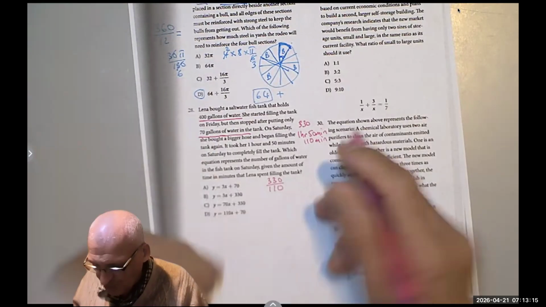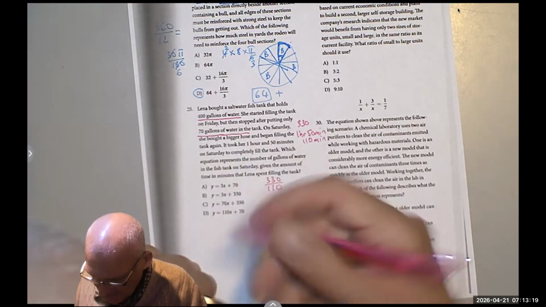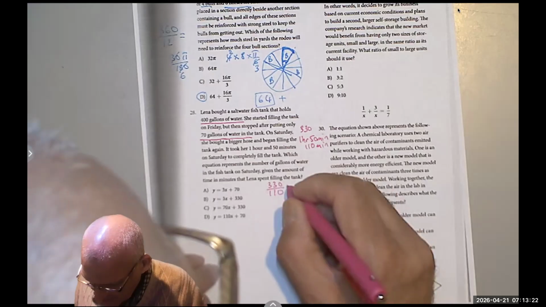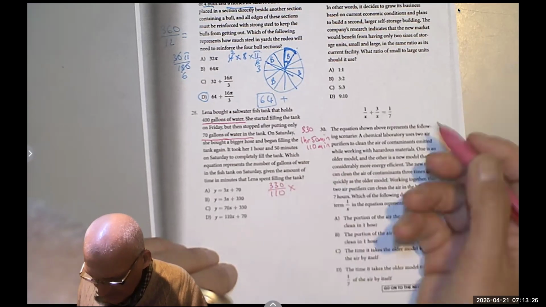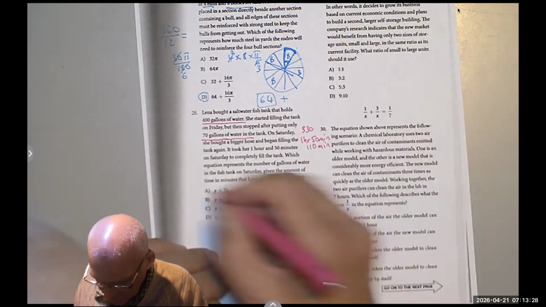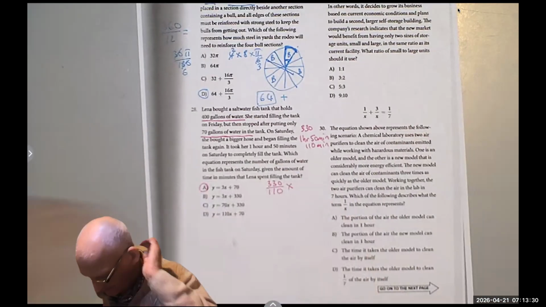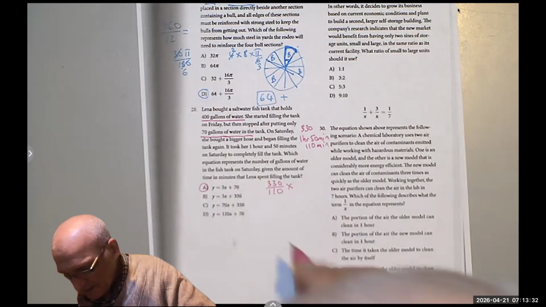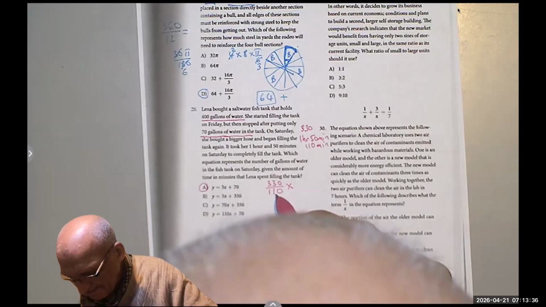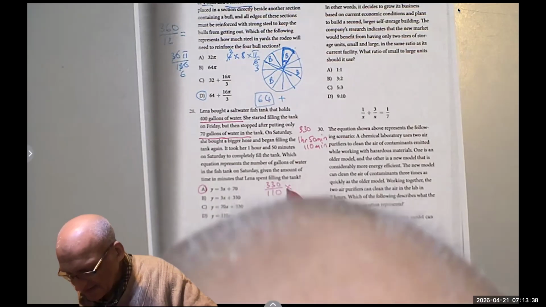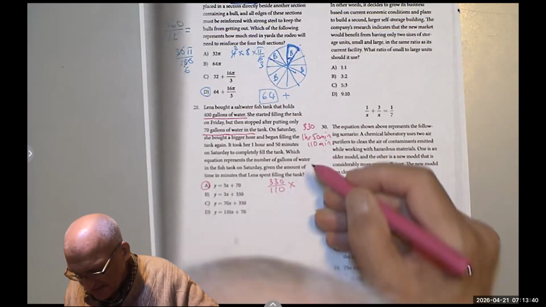That the new hose, the bigger hose is producing. If we call it x, you get 3x. 330 over 110 is 3. So that must be this. This is gallons per minute. And x is how many minutes it takes.